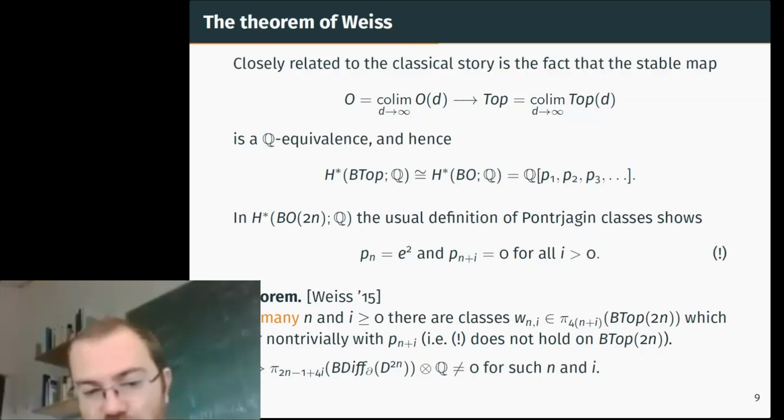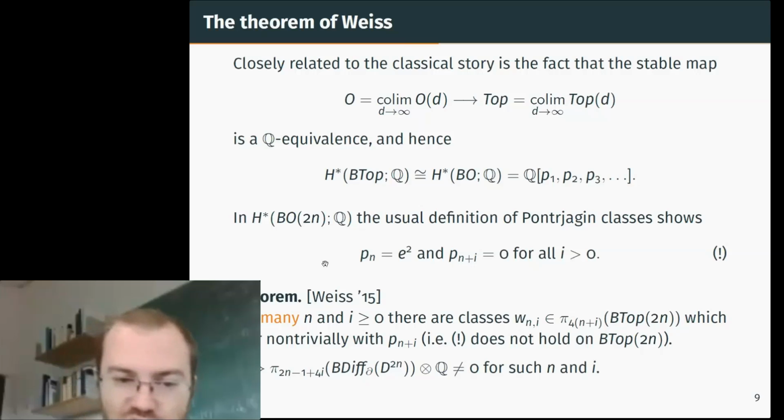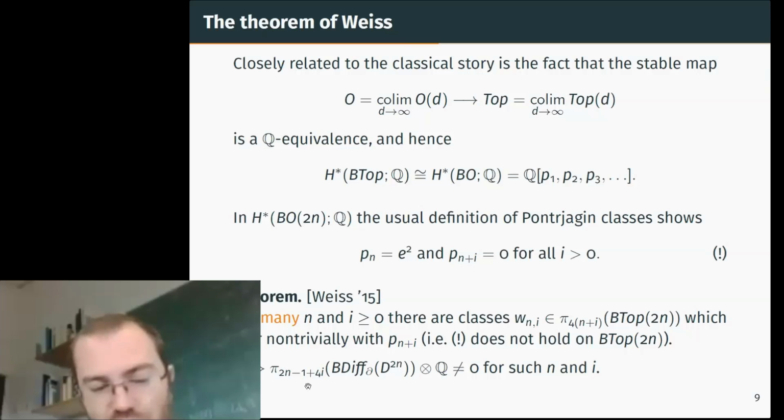And a consequence of that, because of this smoothing theory story, is that you get various homotopy groups of the group of diffeomorphisms of an even disk in degrees congruent to 2n minus 1 mod 4 and starting at 2n minus 1. So these are the results that are basically known about homotopy groups of diffeomorphism groups of disks in high dimensions.